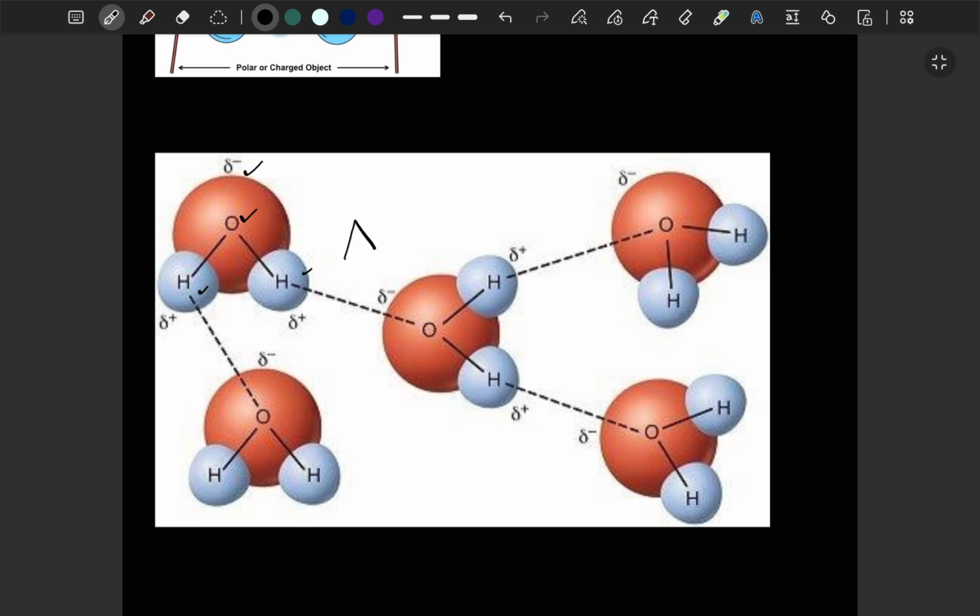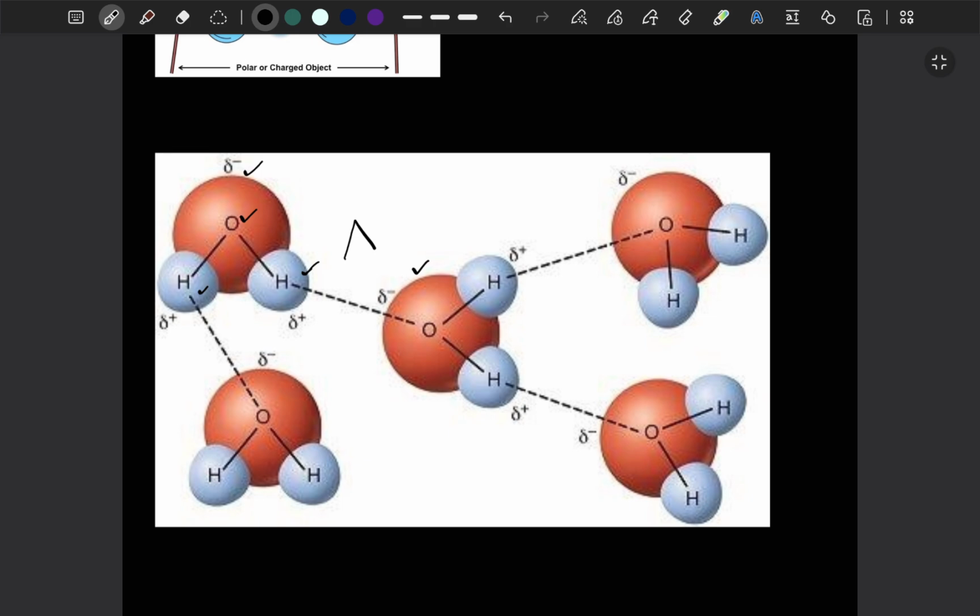So there is unequal sharing of electrons, and hydrogen is less electronegative, so it is partially positive, and the oxygen has a partial negative charge. Now, because of these partial positive and partial negative charges, the oxygen of one water molecule is attracted to the hydrogen of another water molecule, leading to the formation of hydrogen bonds.